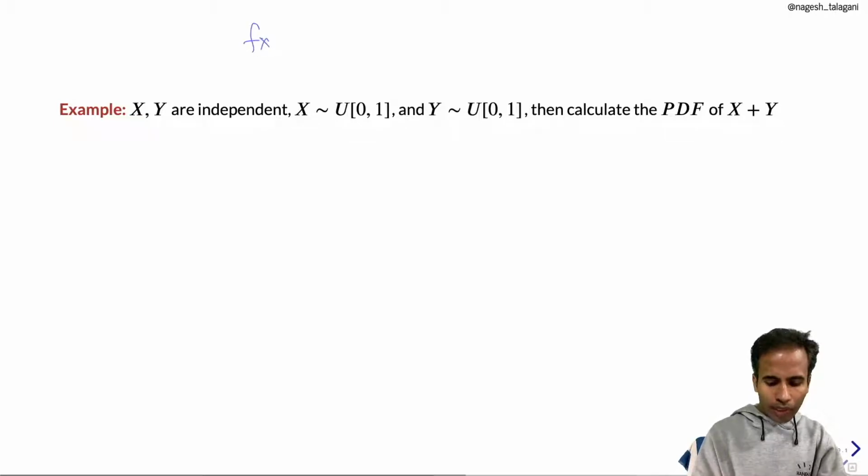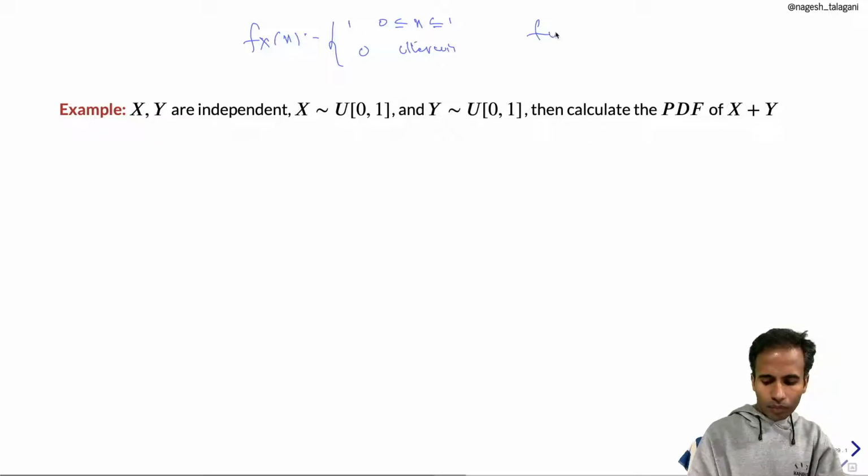So I can write down the PDF of x like this: fx of x is 1 for 0 less than or equal to x less than or equal to 1, 0 otherwise; fy of y is 1 for 0 less than or equal to y less than or equal to 1, 0 otherwise.